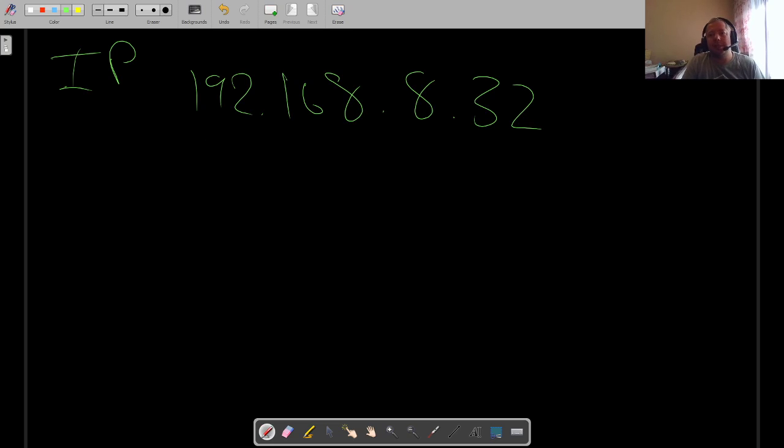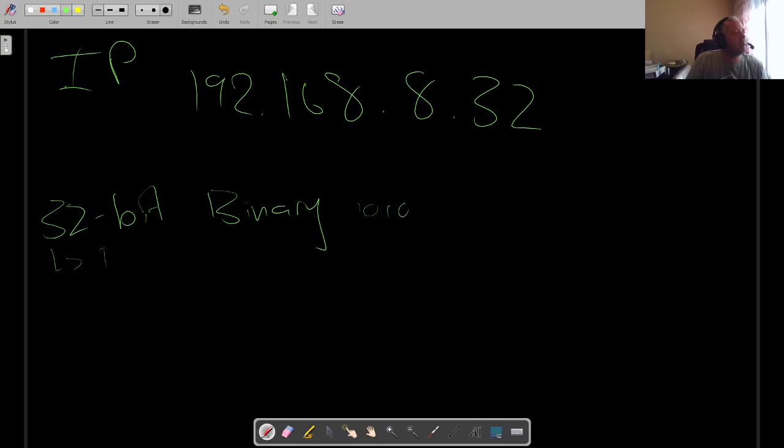Okay, so what is this number? This is a 32-bit binary number. Remember, binary is a whole bunch of ones and zeros, eh? This 32-bit number is broken up into 4 octets.